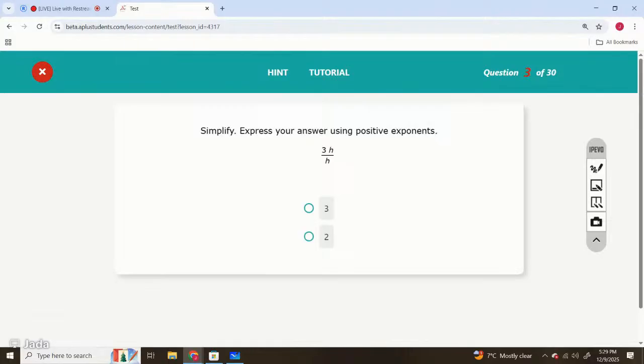So which is the correct option? Option number 1 is the correct option.